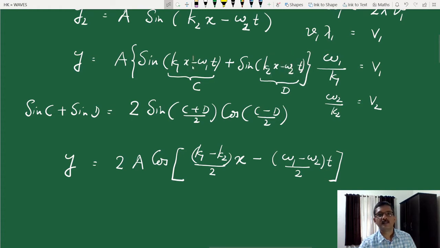So we get minus omega 1t plus omega 2t divided by 2, and I can take a minus sign outside, so we get minus omega 1 minus omega 2 times t by 2. This is the cosine term, cos of c minus d by 2.